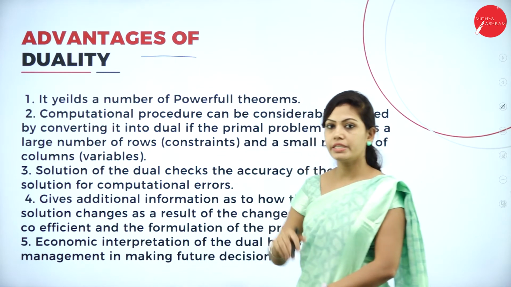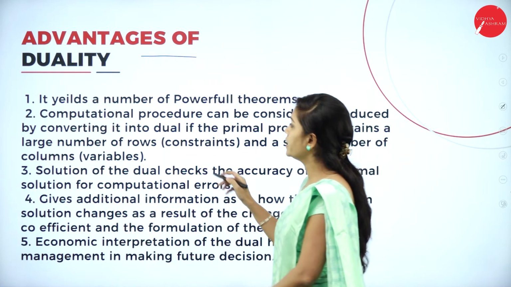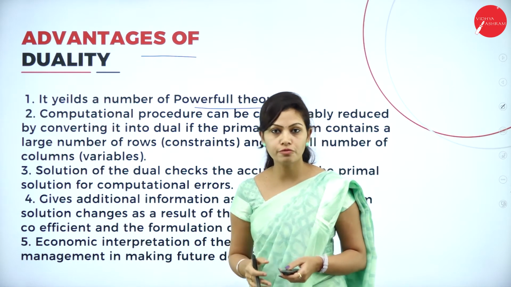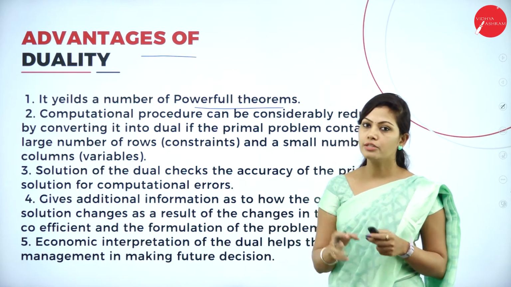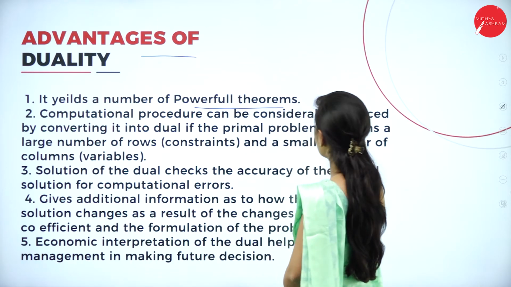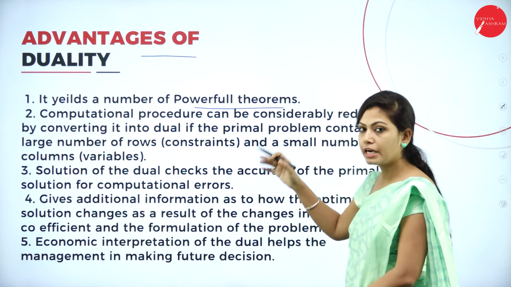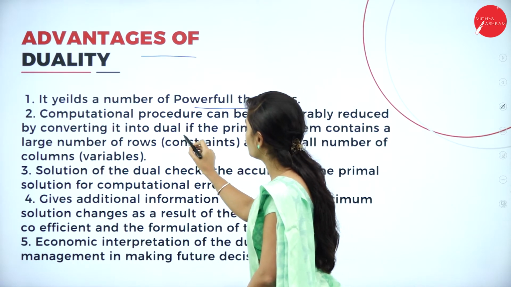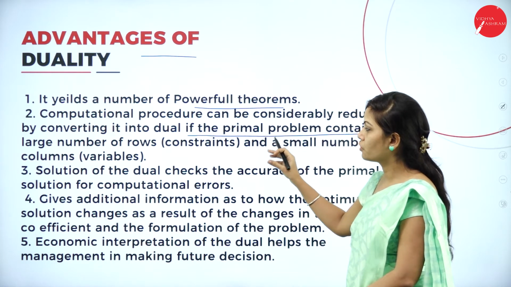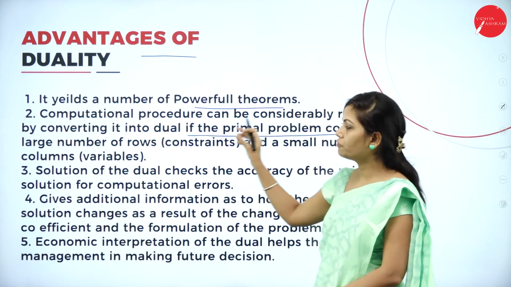So what are the advantages of duality? It yields a number of powerful theorems, so we can solve with the number of powerful theorems using this duality. And the computation procedure can be considerably reduced by converting to the dual if the primal problem contains a large number of rows and a small number of columns.